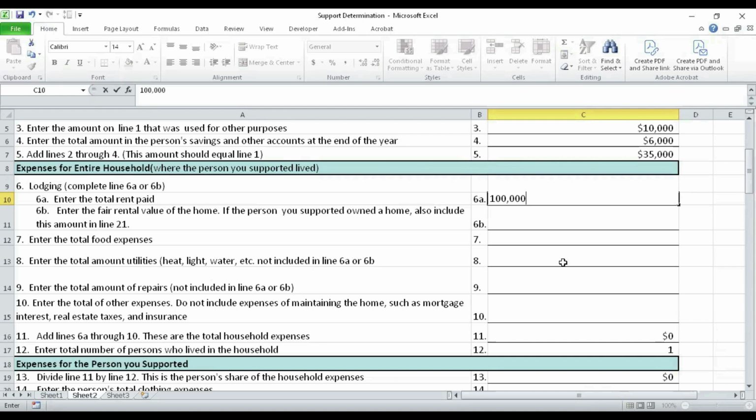Sorry, that should be in 6B. That would be 100,000. And the total food expense is 24,000.